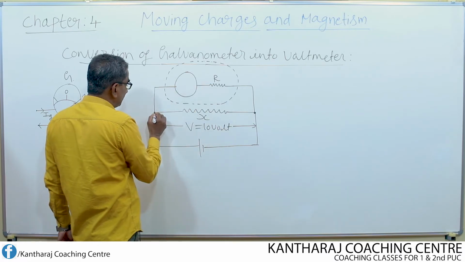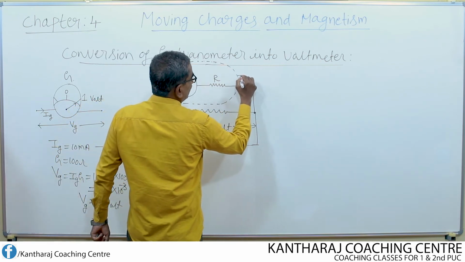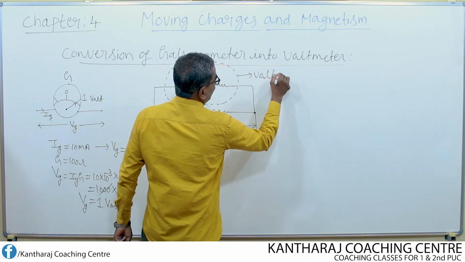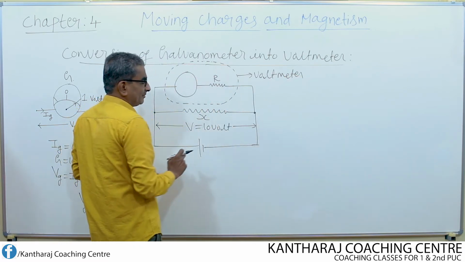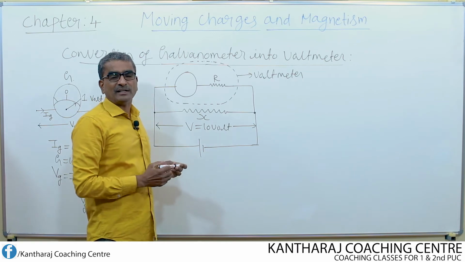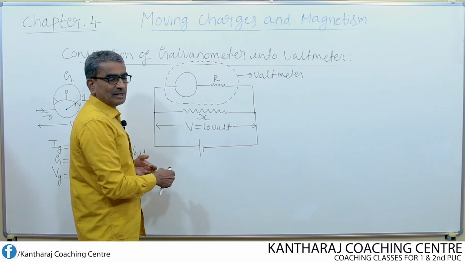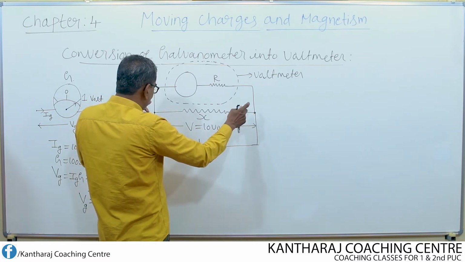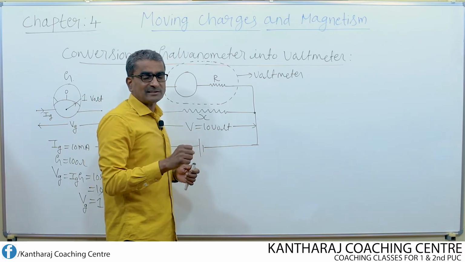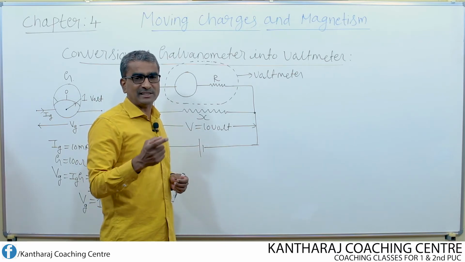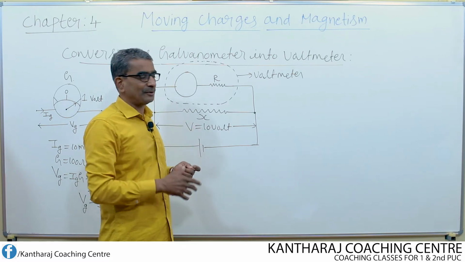Look here, this voltmeter is now connected in parallel. Always a voltmeter must be connected in parallel between any two ends of a resistor in a circuit where potential difference is to be measured. If I need to measure the potential difference between these two ends, then between these two ends only the voltmeter should be connected in parallel, whereas an ammeter should be connected always in series in a circuit, voltmeter in parallel in a circuit.